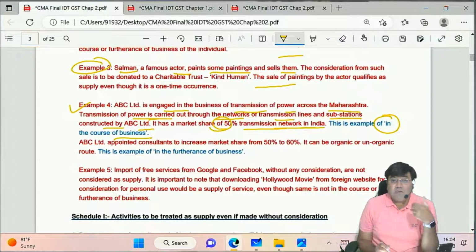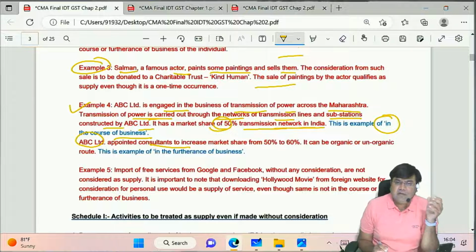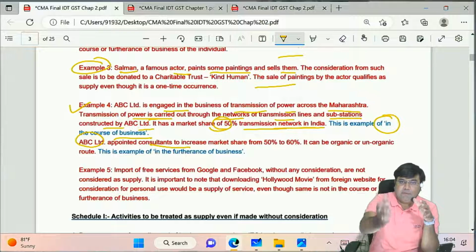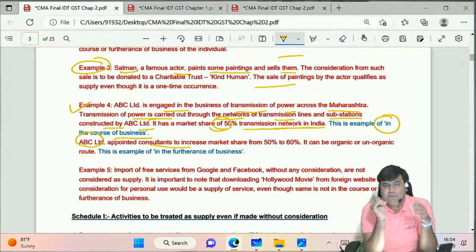Now ABC Limited would like to increase market share. For that purpose, ABC Limited appoints a strategic consultant and pays, let's say, 1 crore fees to the consultant. So ABC Limited's objective is to increase the market share from 50% to 60%. That's why ABC Limited appoints the strategic consultant.